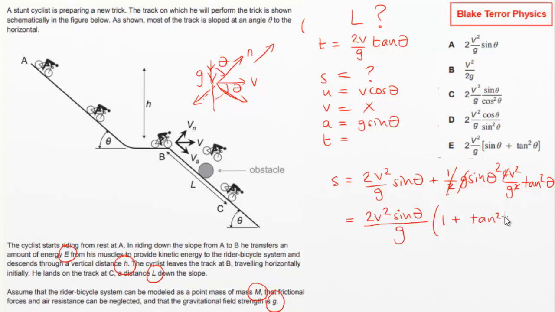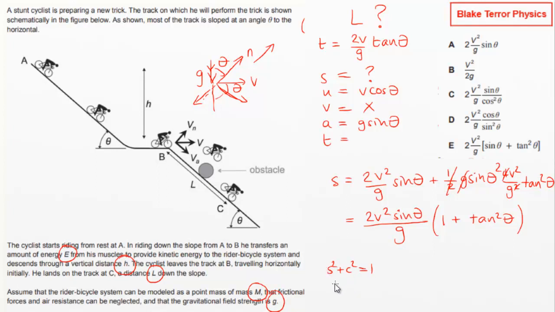Tan squared theta. So, right, that doesn't quite look like any of these at the moment, but off of our trig identities. That's the term I'm trying to think of. So 1 plus tan squared we know is sec squared. So just to run through that in case you've forgotten, sine squared plus cos squared equals 1.